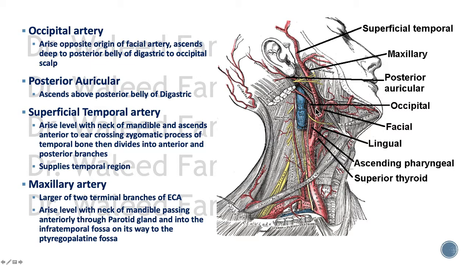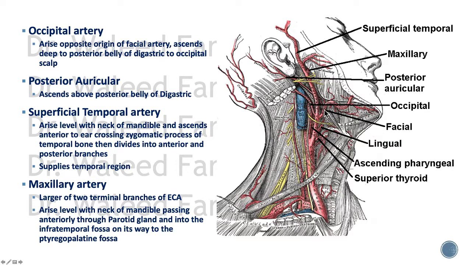Now remember that it arose from the common carotid medial to the internal carotid. On its way up, it becomes anterior to the internal carotid, then becomes lateral to the internal carotid. See? Anterior, then lateral, means it curves rather backwards.